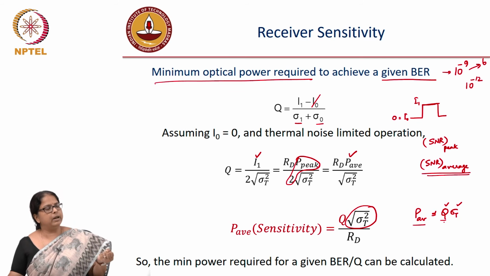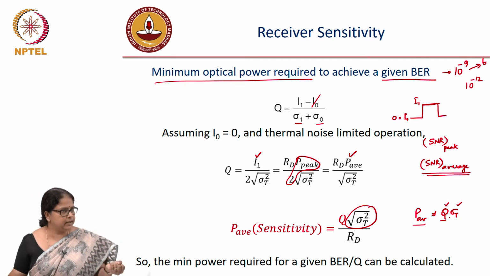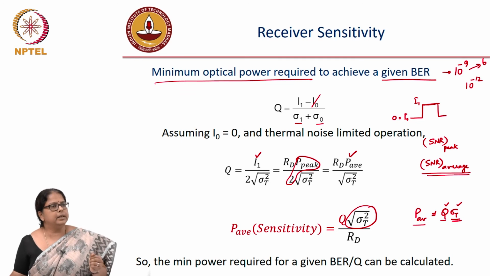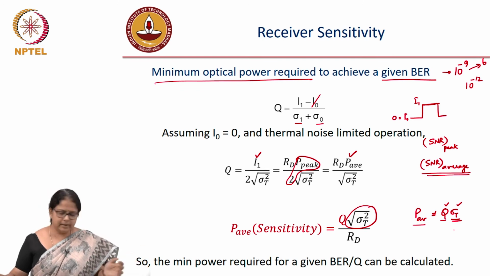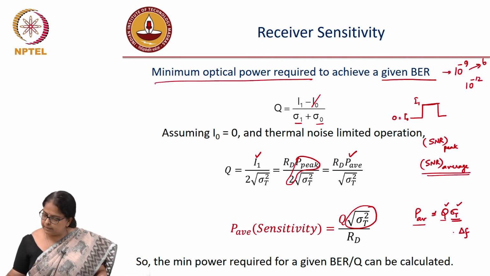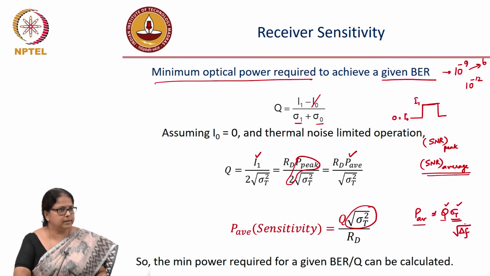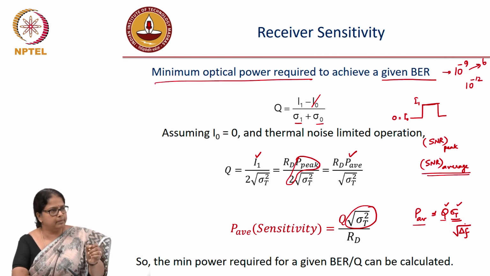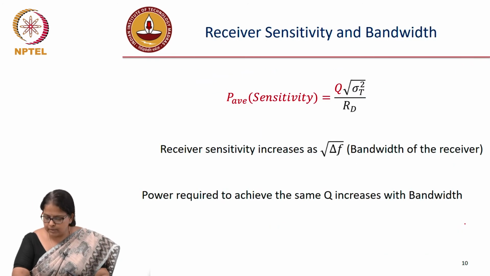Let's say you keep a requirement of 10 power minus 12 or 10 power minus 9, Q is constant. But the sigma T is a number which is going to be dependent on your 4 kT by R, and R is decided by your bandwidth, and also there is an explicit dependence on square root of frequency, because sigma T square is proportional to the bandwidth, sigma T is proportional to square root of bandwidth.